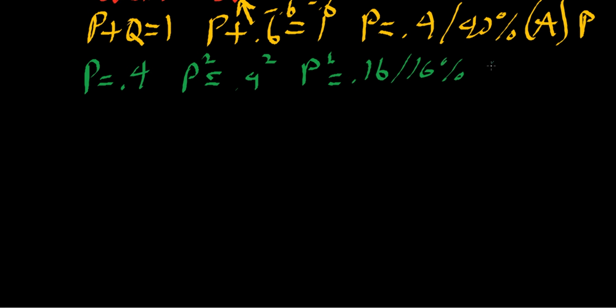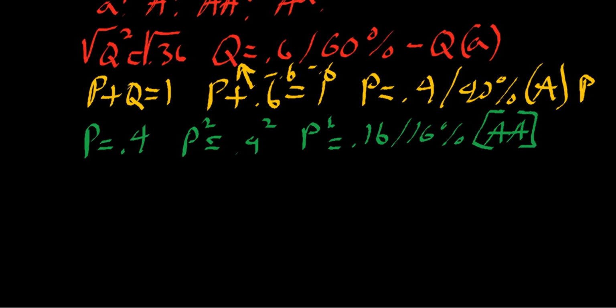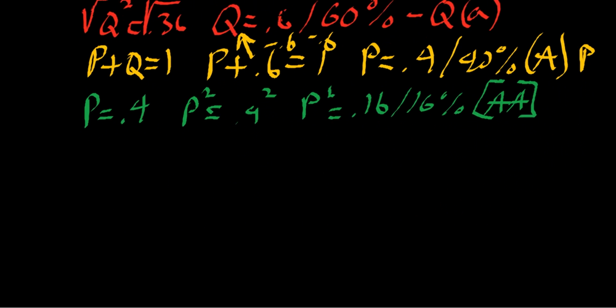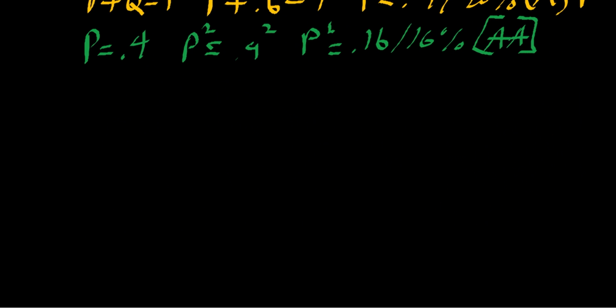This gives you your homozygous dominant. And so now we know this, we can go on to finding our 2pq, or our heterozygous.